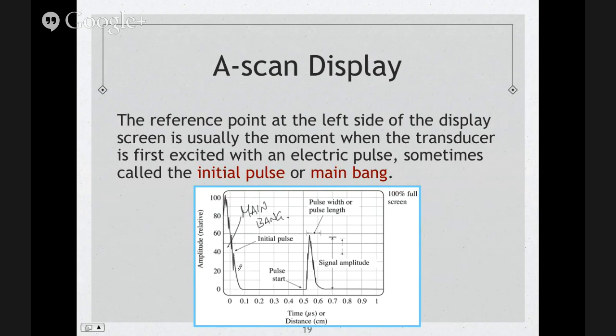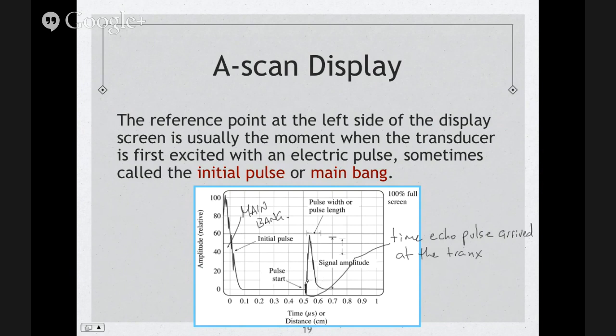And this over here we say is going to be the time at which the echo of that pulse is going to arrive at the transducer.